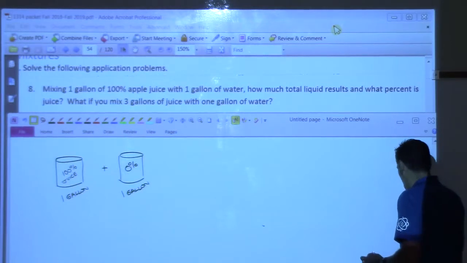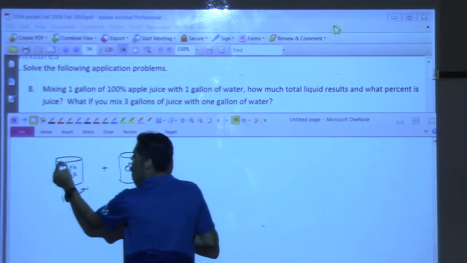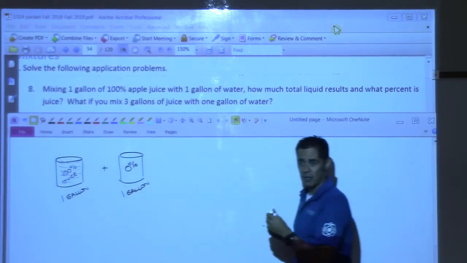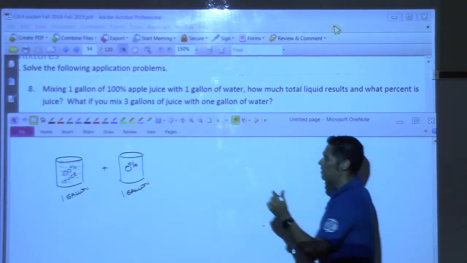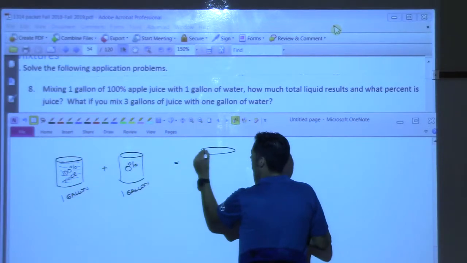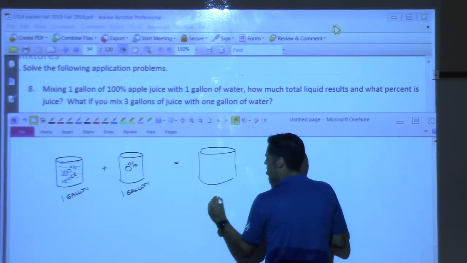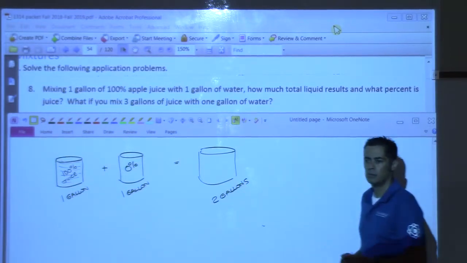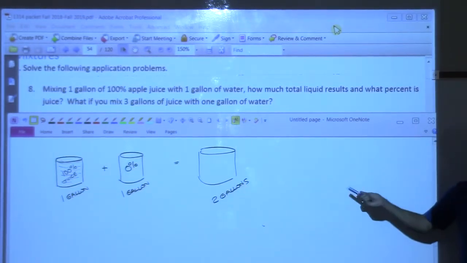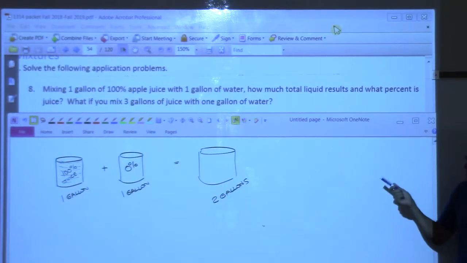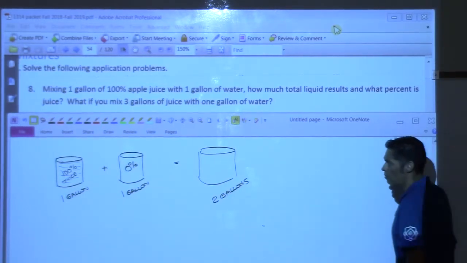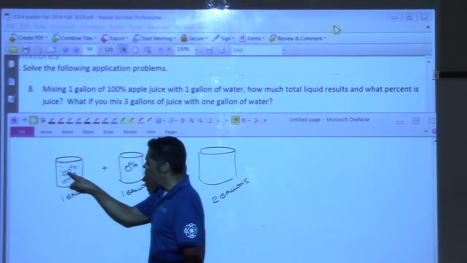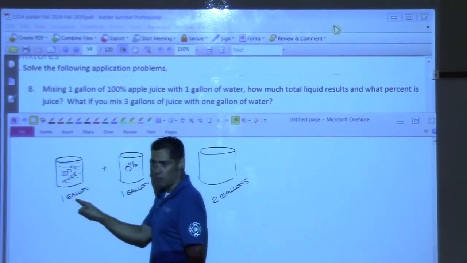This one is all apple juice, and this one has no apple juice in it. When I add these together, I'm going to get 2 gallons. And you all said that it would be 50% mixture. So how do we get that mathematically? What we do is take the 100% here and multiply it times how much of it there was.